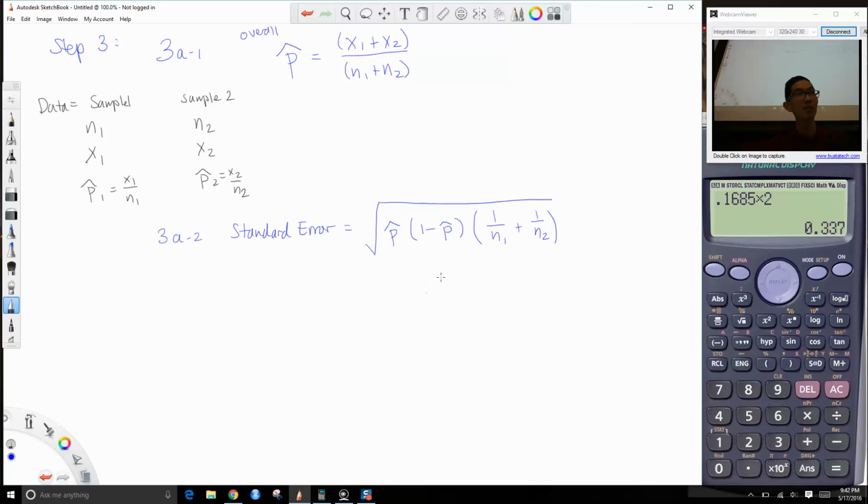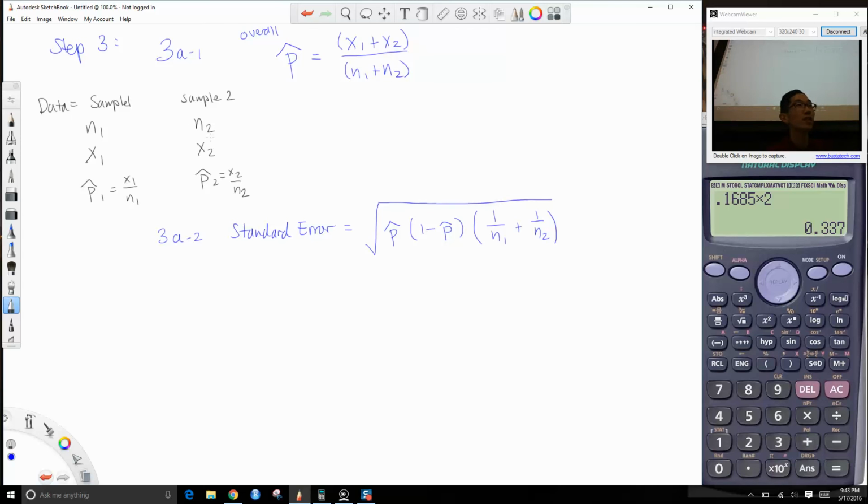This is the standard error, the standard deviation of the sampling distribution of the quantity p1 hat minus p2 hat, if you want to be technical. Are you using the overall? Yes, this p hat is the overall p hat. Notice there's no p hat 1 or p hat 2 in here. But you do use this n1 and this n2.